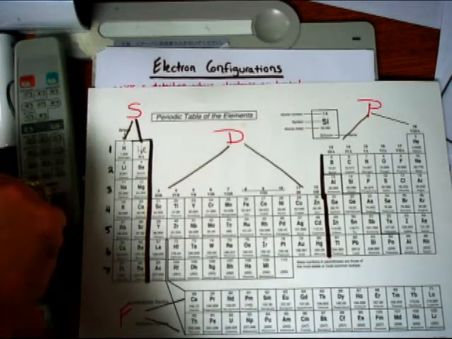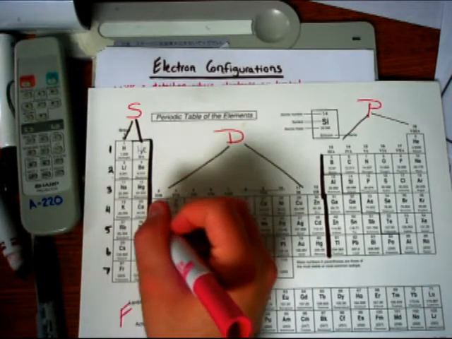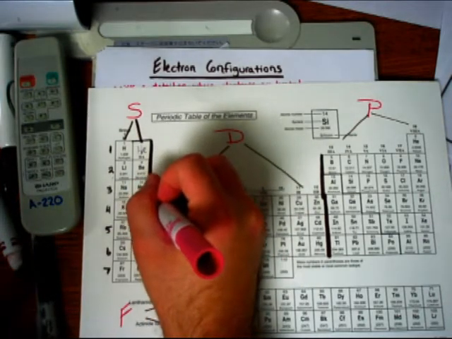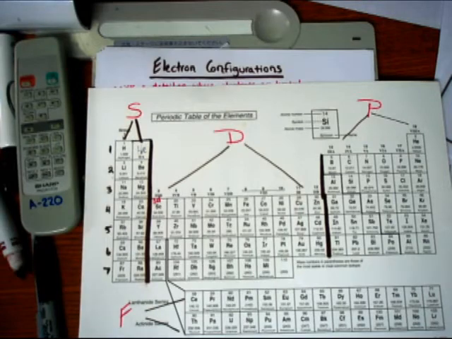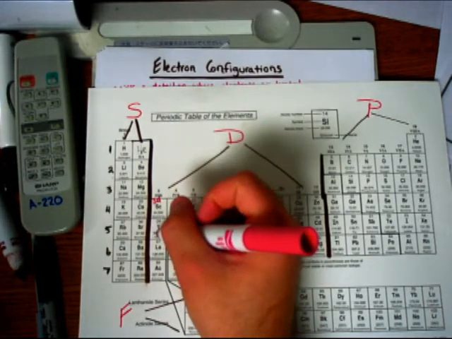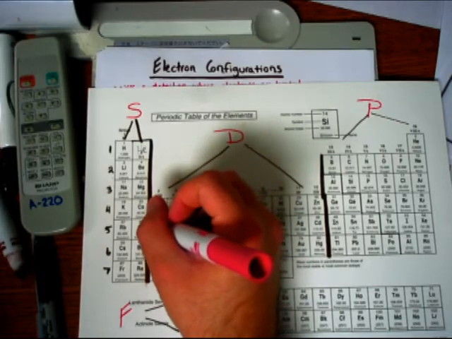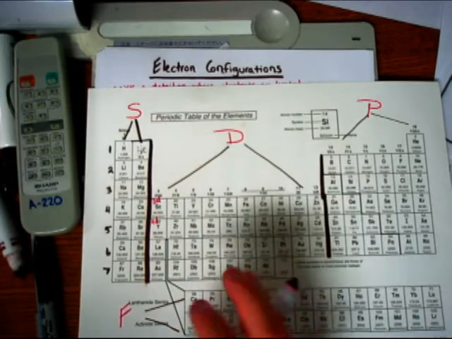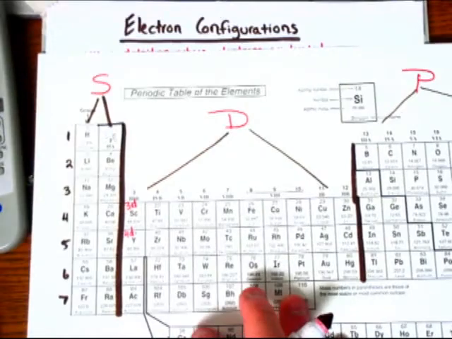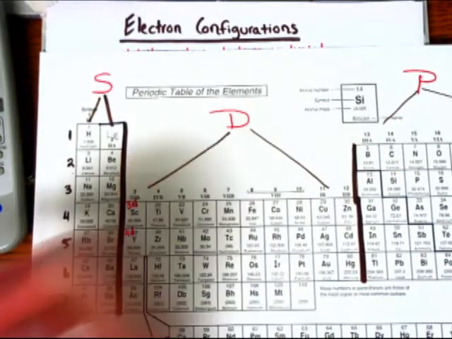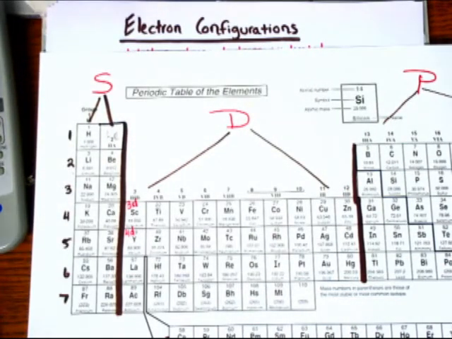They start with 3. I realize that this is on row 4, but this is actually 3D right there. So what would Y be? Not 5D, but 4D. Do you see how that's working? The D's actually start with 3, not the suspected 4. Cool?